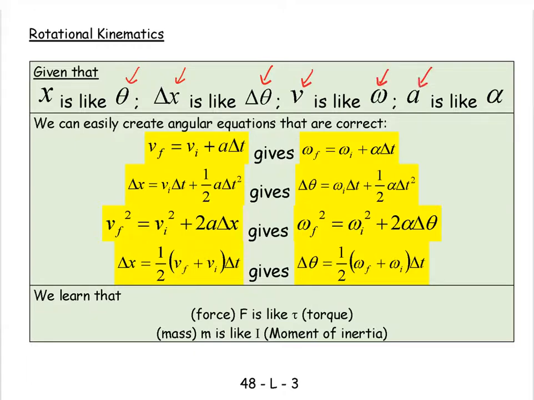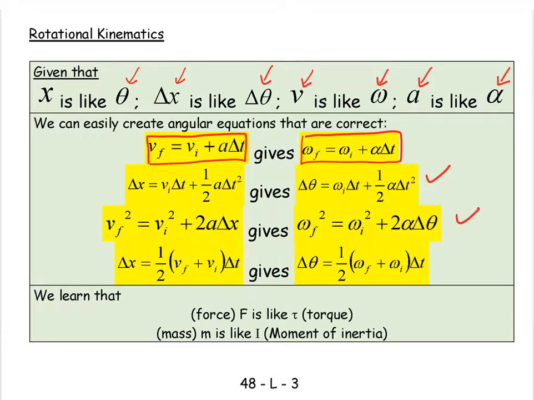What we used to call a, which was our acceleration, we now represent as alpha, which is our angular acceleration. And if before we said Vf equals Vi plus a delta t, then now we'd say omega f equals omega i plus alpha delta t, and so on.